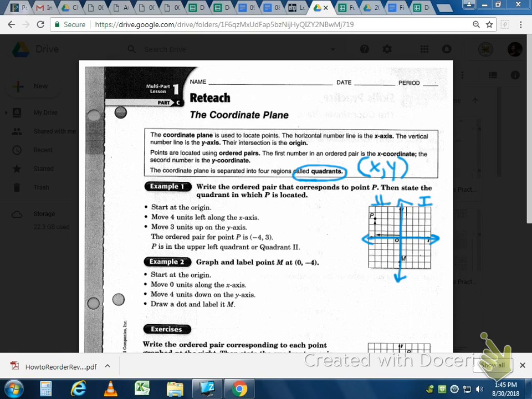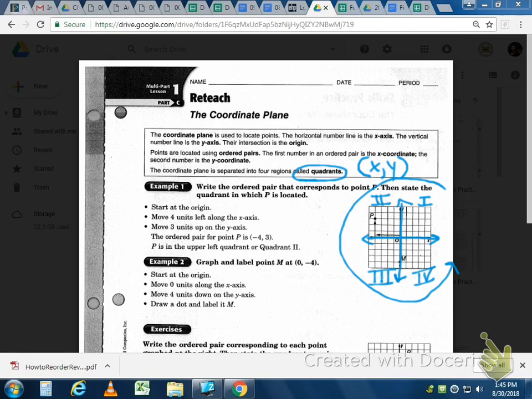Upper left is 2. That's Roman numeral 2. Lower left is 3. Lower right is 4. So it's split into 4 quadrants, and it goes in counterclockwise direction in numbering. So 1, 2, 3, 4.